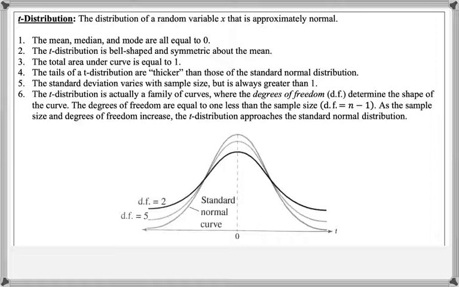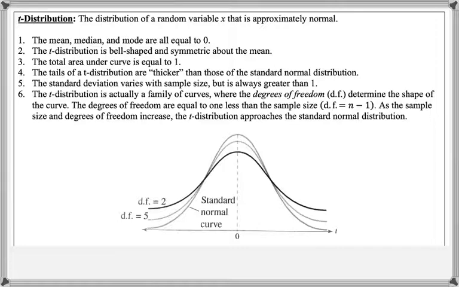The tails of a t-distribution are thicker than those of the standard normal distribution. The standard deviation varies with sample size, but is always greater than 1. The t-distribution is actually a family of curves, or you can think of it as a group of curves, where what's called the degrees of freedom determine the shape of the curve.